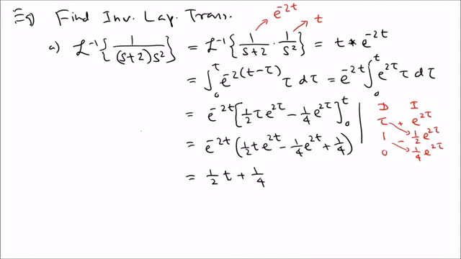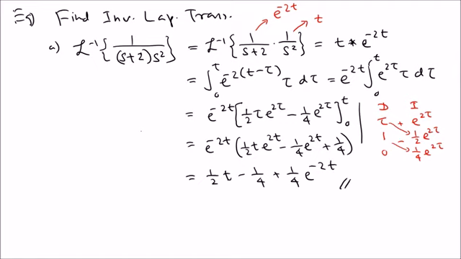Actually, it is negative because we multiply negative 2t with 2t, so you get negative 1/4, and then the last term is going to be plus 1/4 e to the negative 2t. So that's the answer using the convolution method. It looks like it's a little faster compared to the partial fraction method because we just need to evaluate a simple integral here. Good.